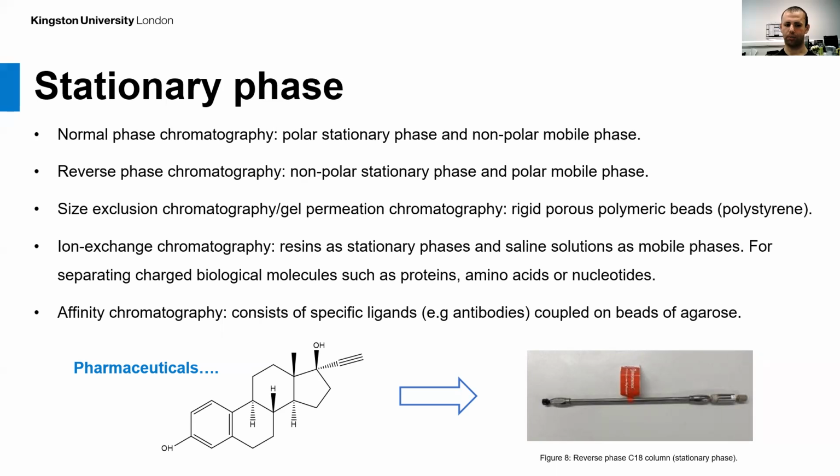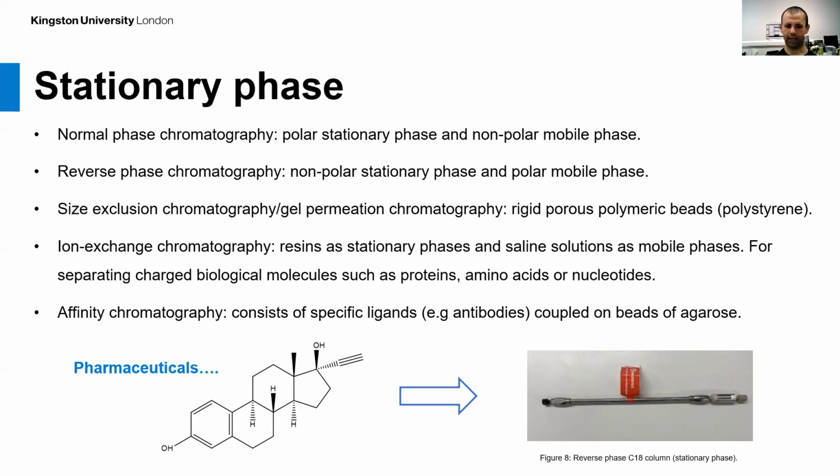Ion exchange chromatography: the stationary phase is made up of resins and the mobile phase is made up of saline solutions. It's used for the separation of biological molecules such as proteins, amino acids, and nucleotides. Affinity chromatography consists of specific ligands, for example, antibodies coupled on beads.